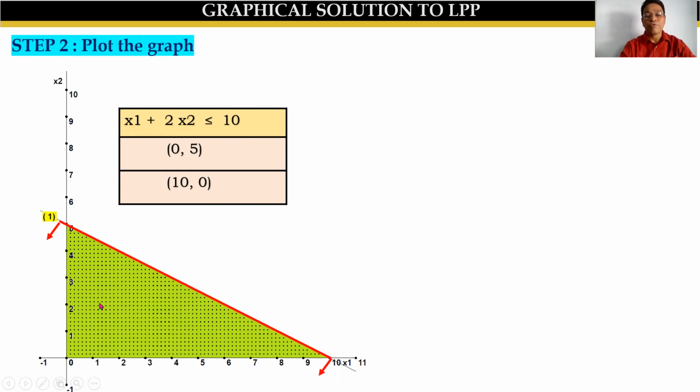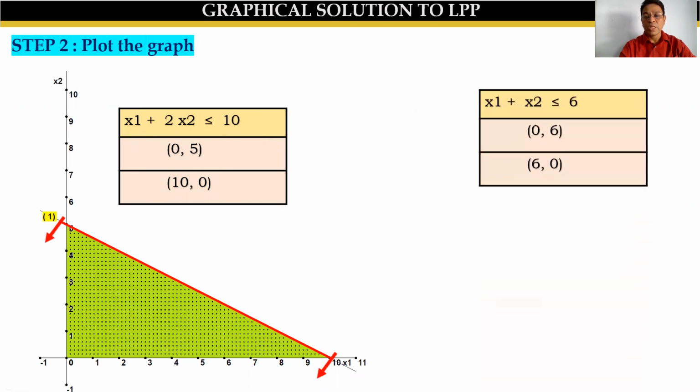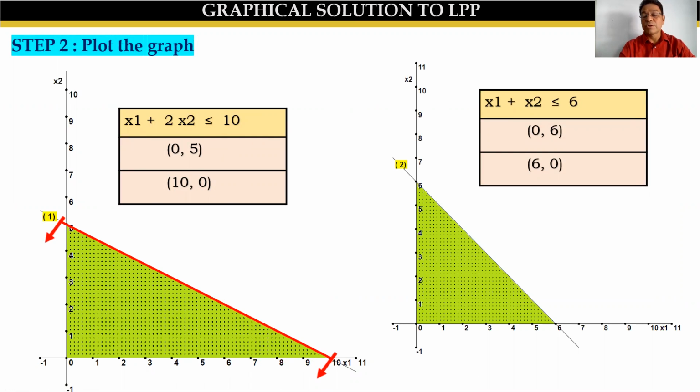So this is the first constraint, and this is the entire feasible region only for this constraint. We'll move on to the second constraint. x1 plus x2 is less than or equal to 6. Less than or equal to 6 means pointing towards the origin.